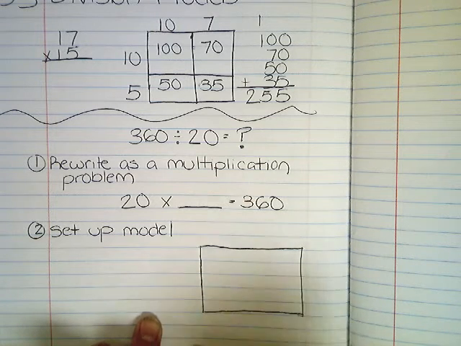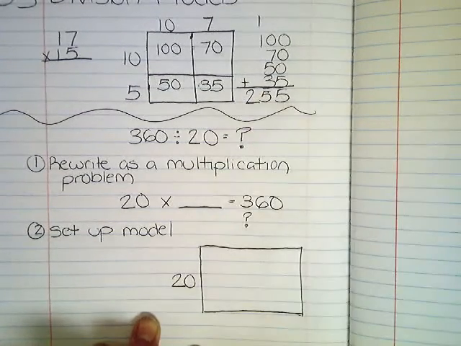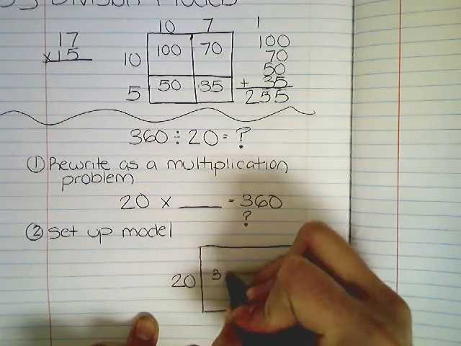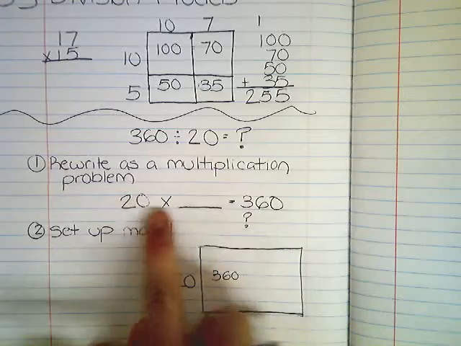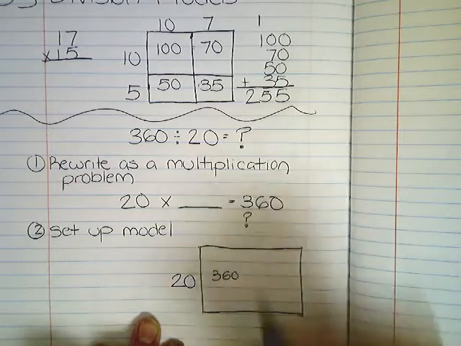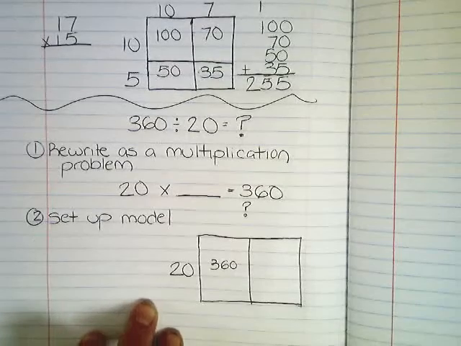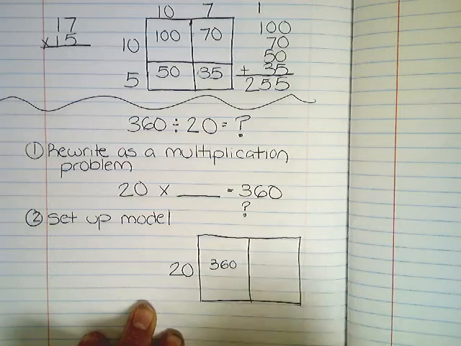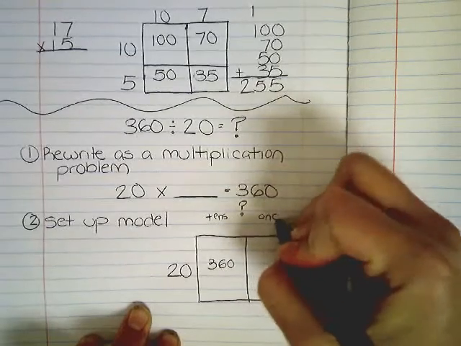However, we're going to say 20 times something will give us our answer of 360. So divide your box in half. We're going to find what this missing side is. We need to figure out how many tens, how many ones.